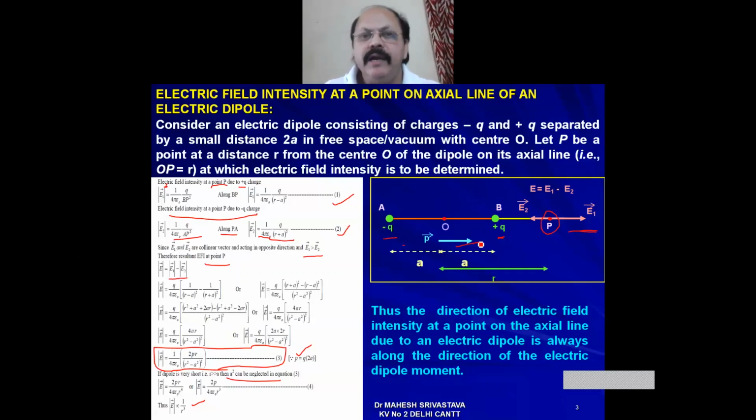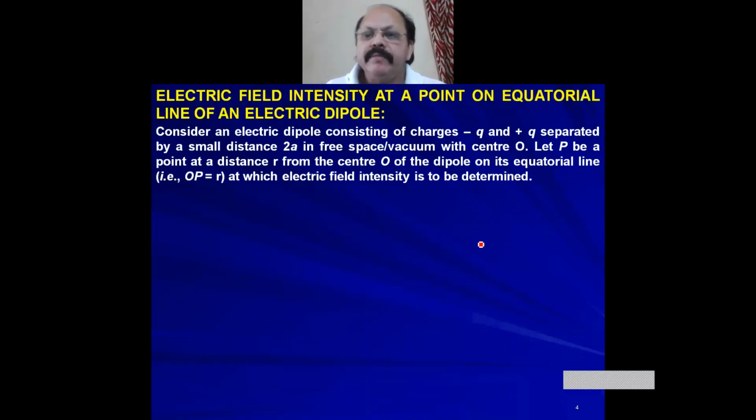Similarly, we find out electric field intensity at a point on the equatorial line of an electric dipole. Before starting, we must understand what the equatorial line is. Equatorial line is the line which passes through the axis of an electric dipole, perpendicular on it, and passes through its center.